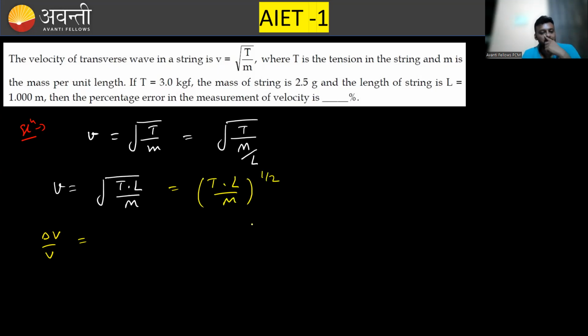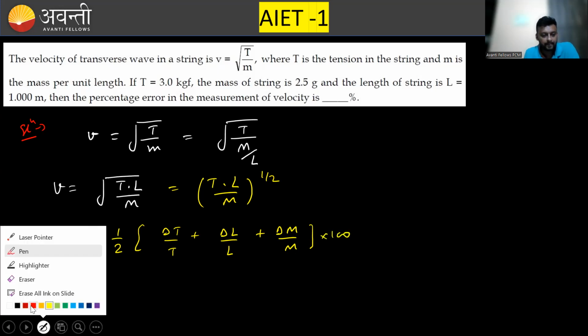That means everywhere there is a power 1 by 2. So 1 by 2 can be taken out: delta T by T plus delta L by L plus delta M by M. For percentage error, you need to multiply with 100.